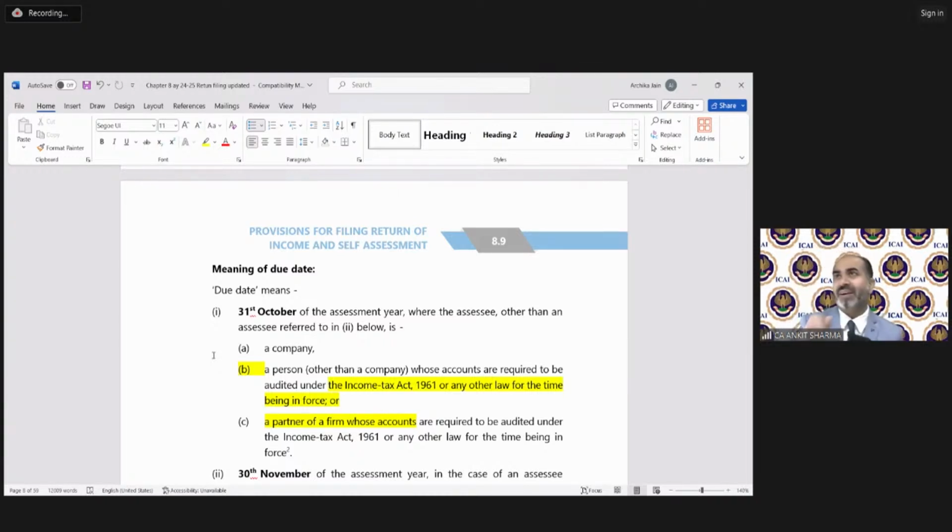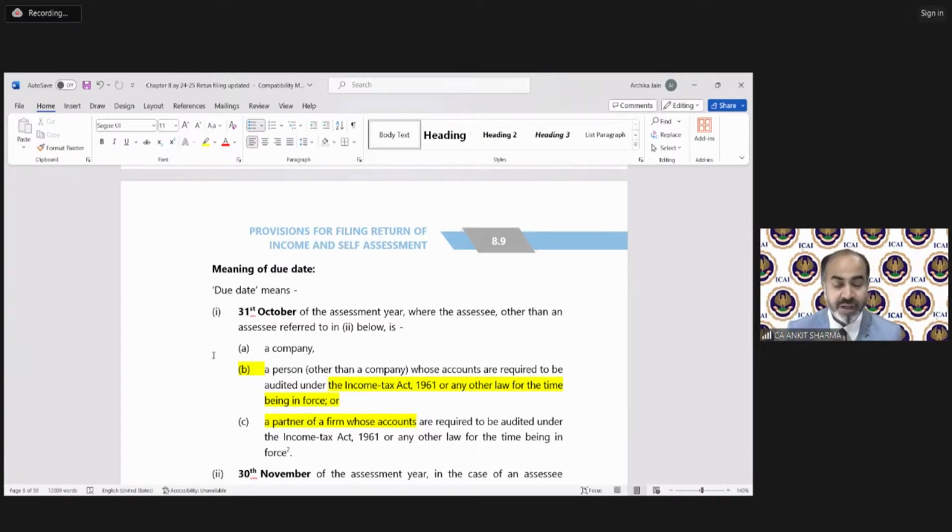It is just like in the case of your examination, there is a date by which, without late fees, you can submit your examination form. But that is not the last date. You can also submit your examination form with some extra fees till a last date. So that is called the last date, when you can file your form or return with some late fees, some penalties, some interest.